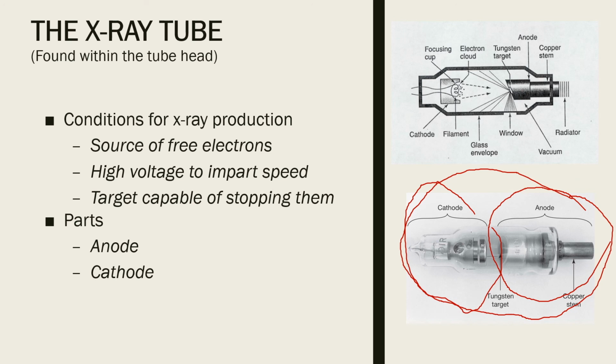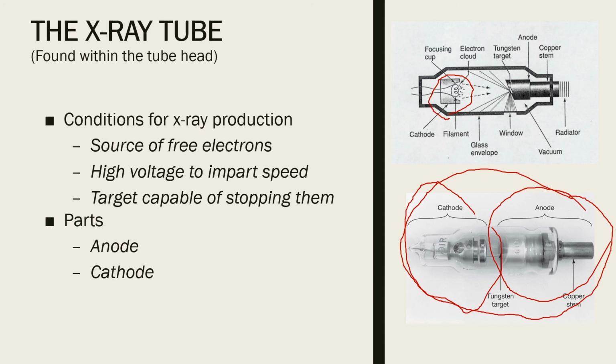There are three conditions that must exist for X-ray production to occur. First, there has to be a source of electrons, which comes from the tungsten filament wire found in the cathode. Second, there has to be a high voltage to accelerate electrons from the tube.